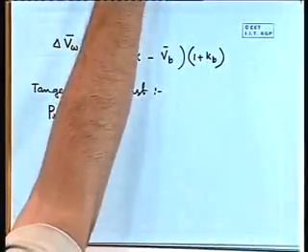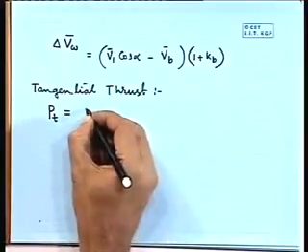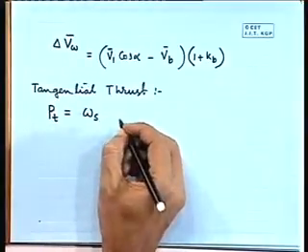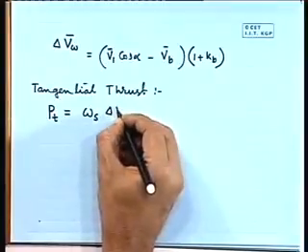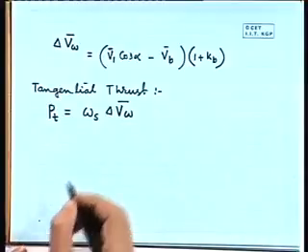That multiplied by the mass flow, that will give you the momentum or change of momentum in the tangential direction. So, we will have Pt, that is omega s into delta v omega. This is a vector quantity.